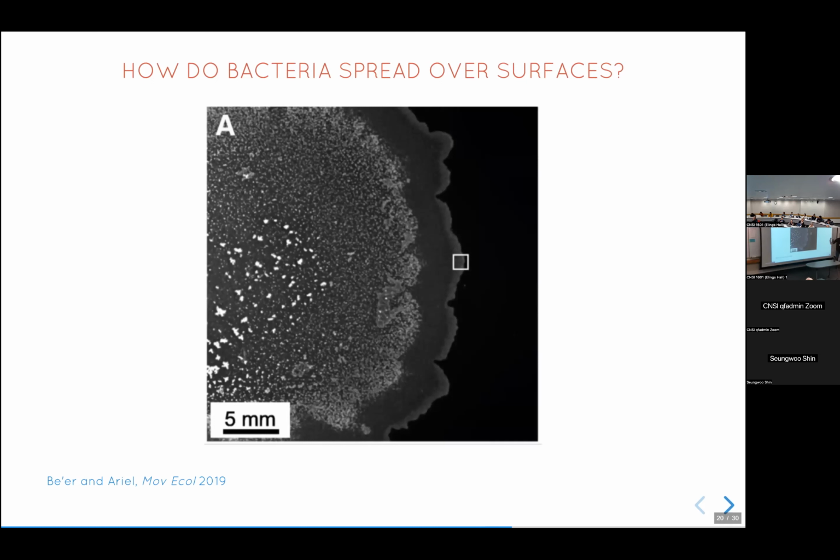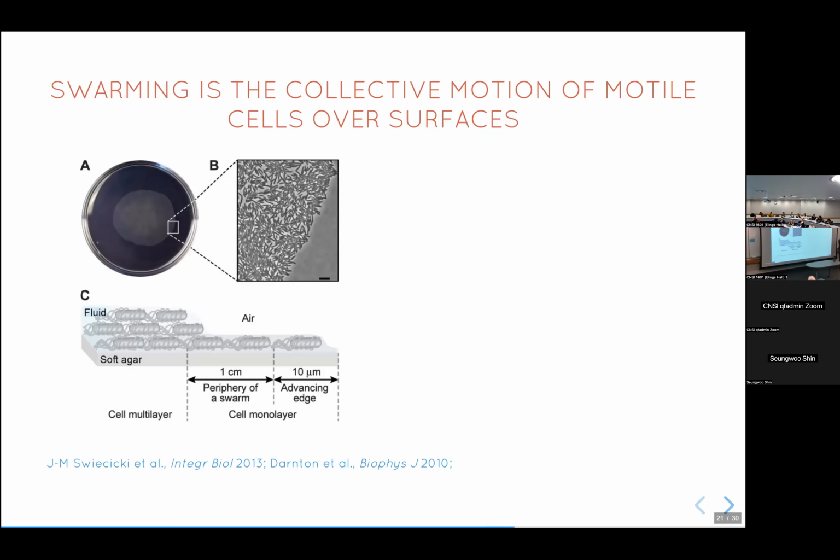I'm just going to talk about E. coli as an example. If you take a bunch of E. coli and you place them, a small amount, in the middle of a soft agar plate, which is substrate with nutrients for them, they will spread out. And this is pretty well understood, they spread out in this collective motion, which is called swarming.